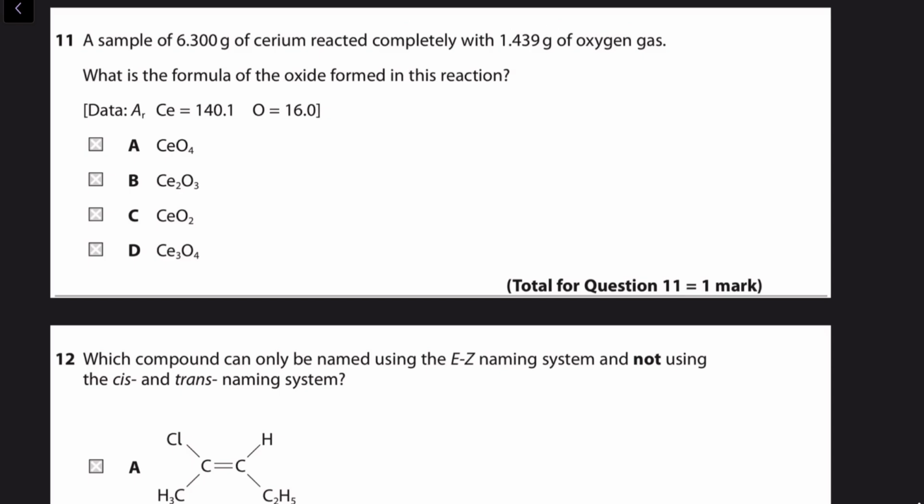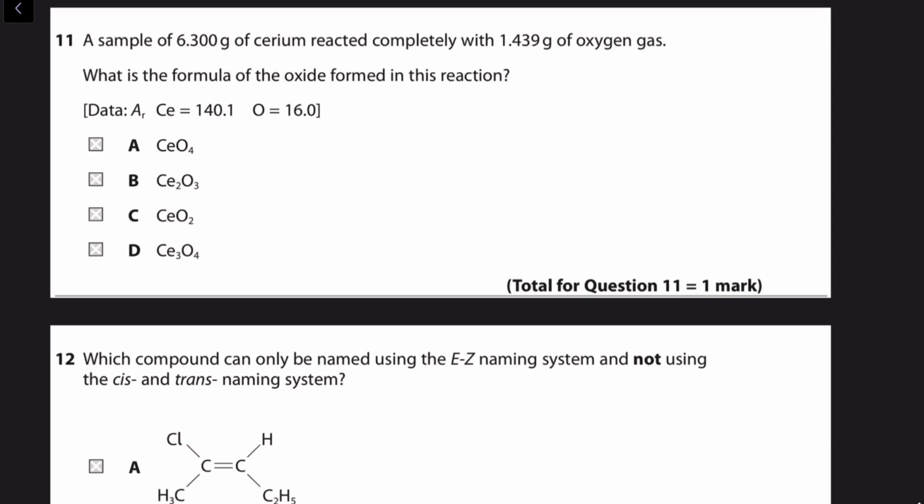6.3 grams of cerium reacted completely with 1.439 grams of oxygen gas. What is the formula of the oxide formed in this reaction? We can follow the same steps we used when calculating an empirical formula. Convert the masses into moles, then divide the moles by the smallest number to get the simplest whole number ratio.